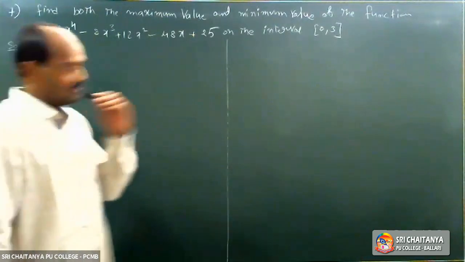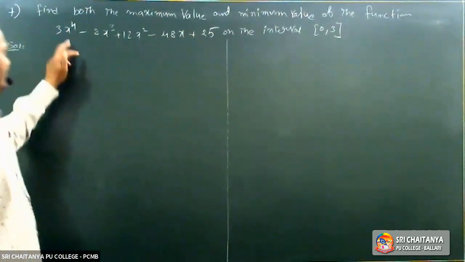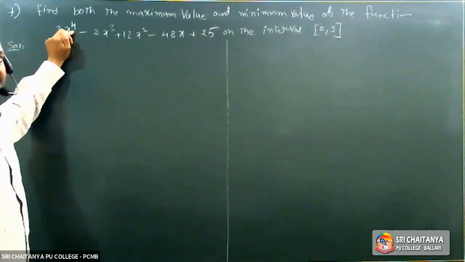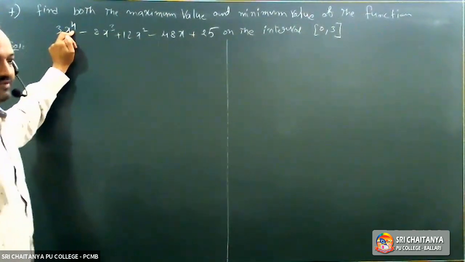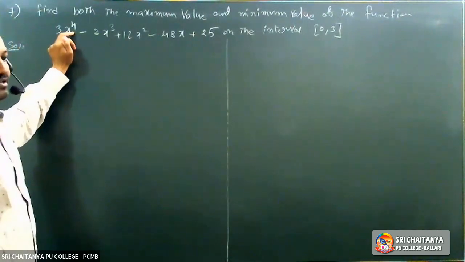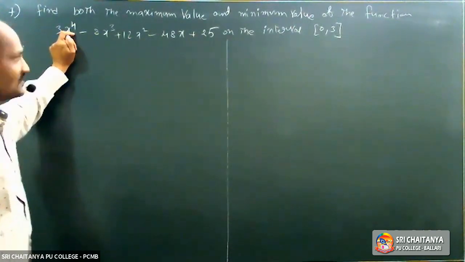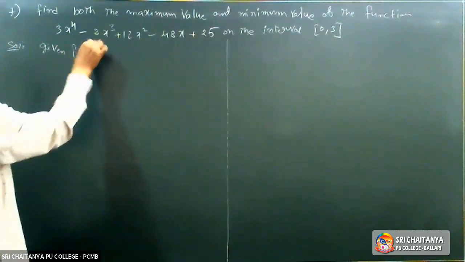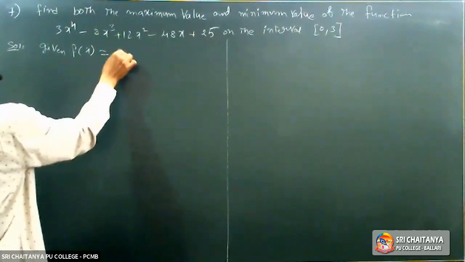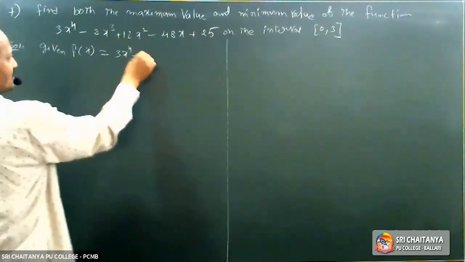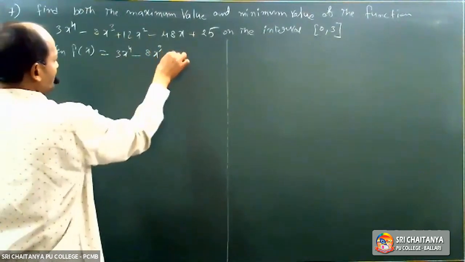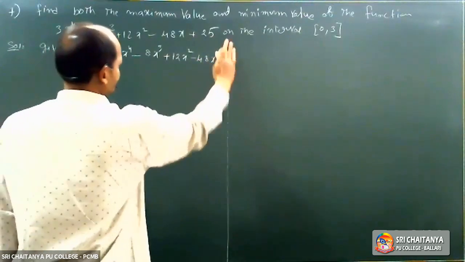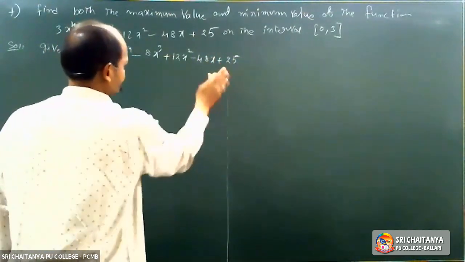Here given biquadratic equation. Biquadratic equation means after first derivative it is converted to cubic equation. After second order derivative it is a quadratic equation. So first, given f of x is equal to 3x power 4 minus 8x cube plus 12x square minus 48x plus 25.